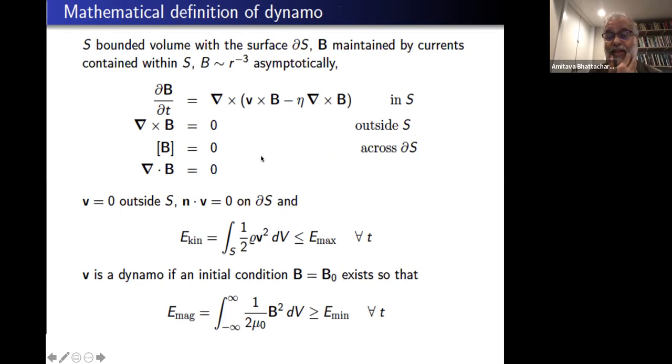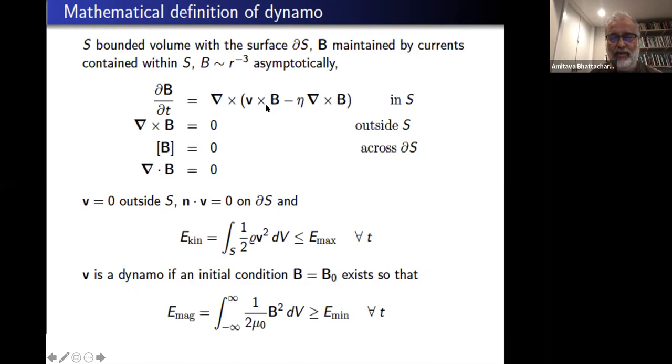What do we mean by the dynamo problem? In the original mathematical definition of the dynamo problem that got all the mathematicians truly excited about working on dynamo theory, they loved the fact that they didn't have to deal with the complexity of MHD theory, that the entire problem was a linear problem in magnetic field. You look at the induction equation, everything is linear in B.